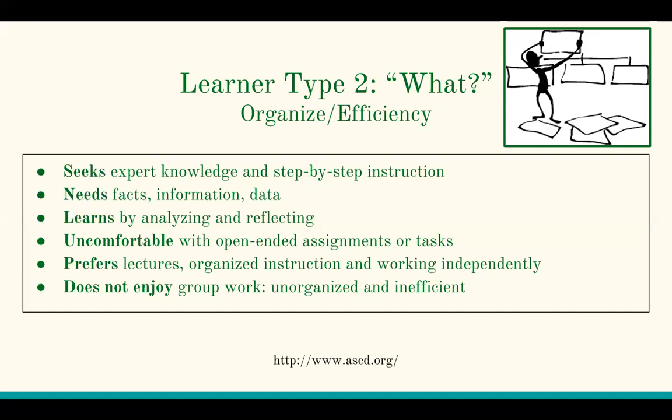One reason, and probably the main reason, learner type 2s don't enjoy working in groups with other students is because they are so focused on efficiency and being organized. And when they have to depend on other students to work in the same way as them, to be as organized and efficient as them, as their interpretation of what the instructor has assigned them, it can cause anxiety, because they know that they are efficient.